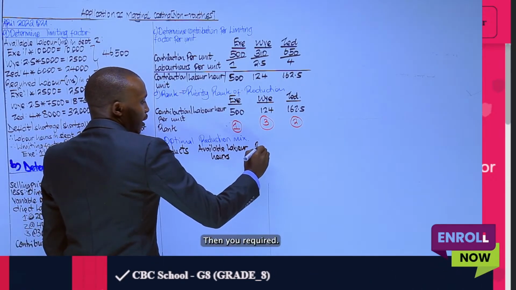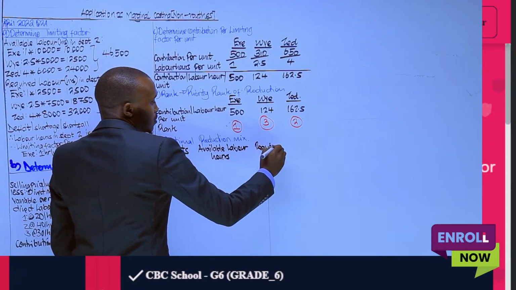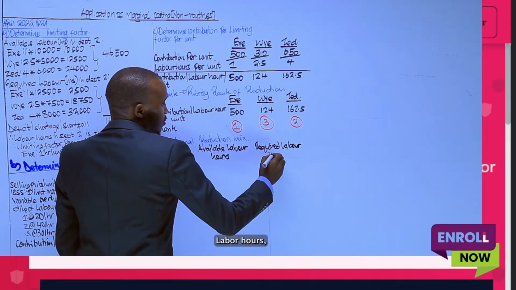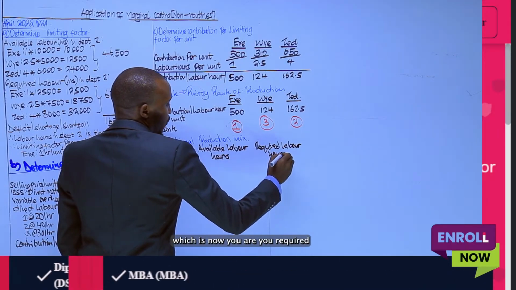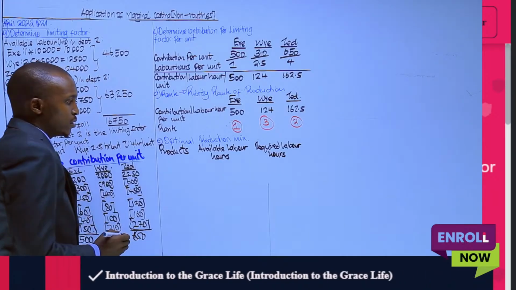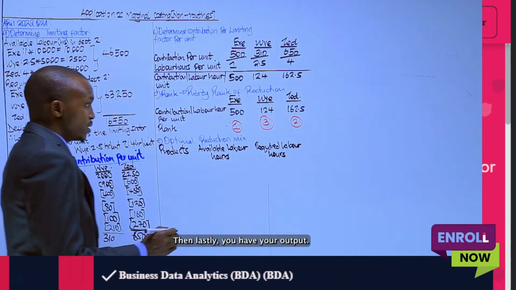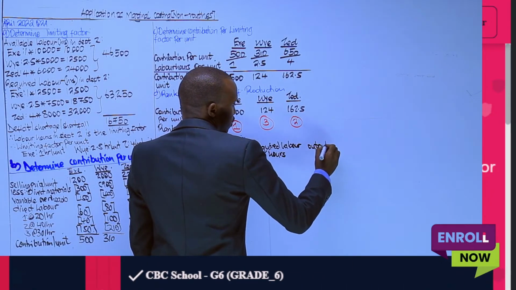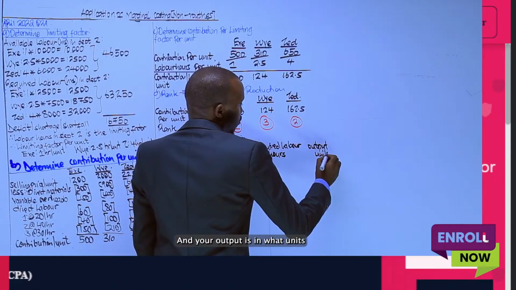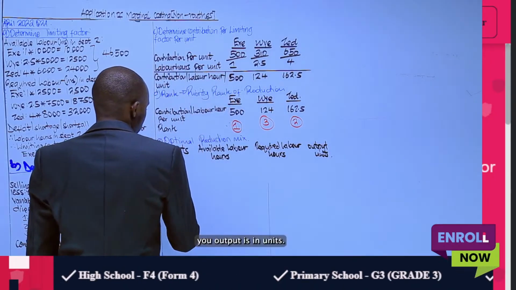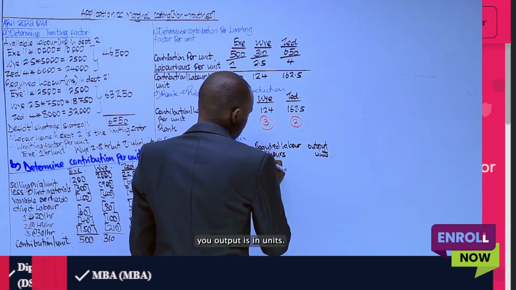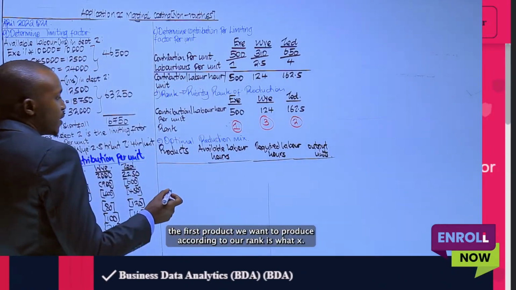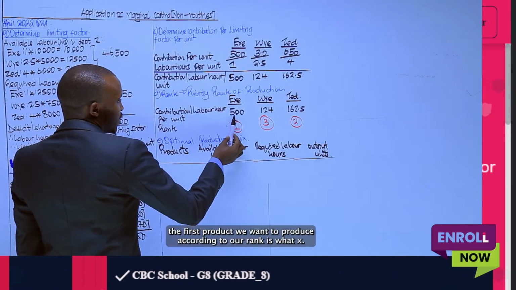Then your required labor hours, which is now your required limiting factor. Then lastly, you have your output, and your output is in what? Units. Wonderful.